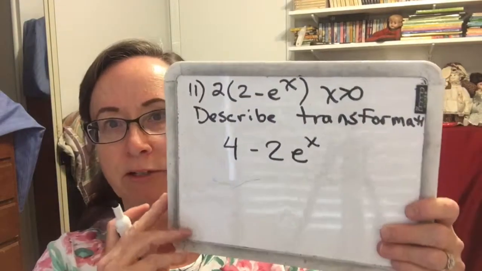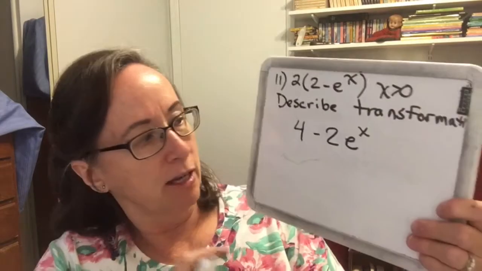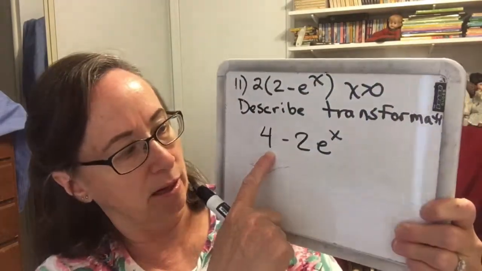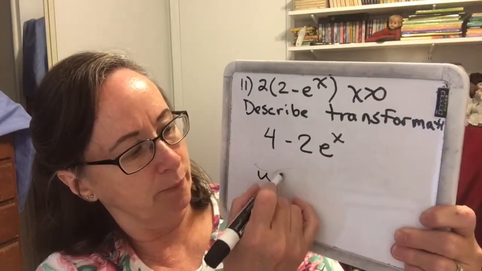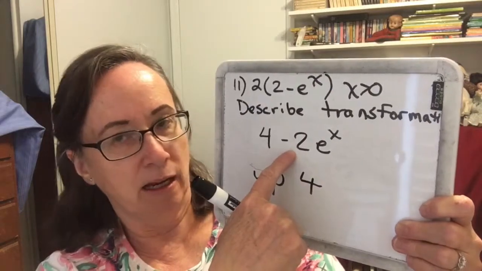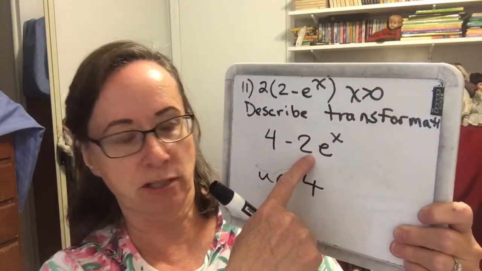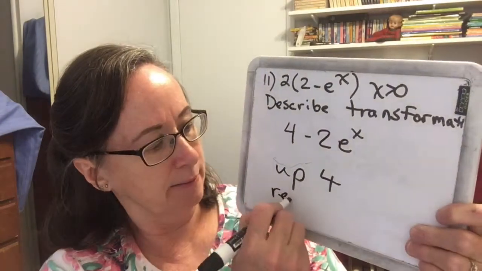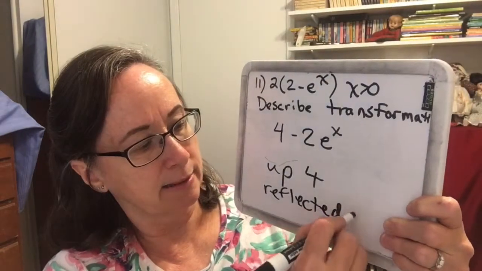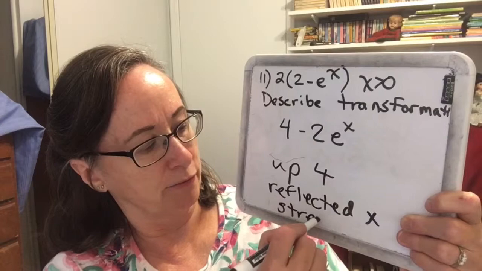I really like to do that because it helps you see what you really have. So don't we have it moving up 4 spaces? Okay, so up 4, and then reflected across the x-axis, and then stretched by a factor of 2.